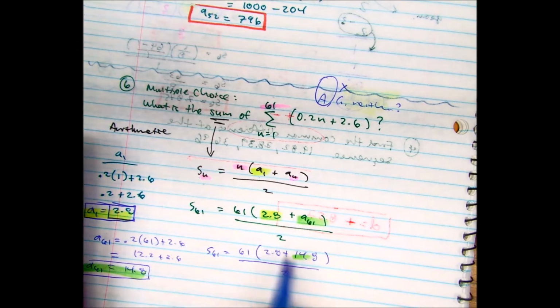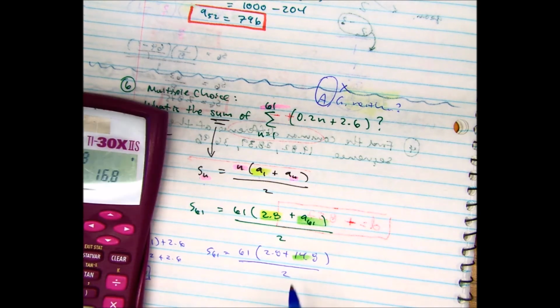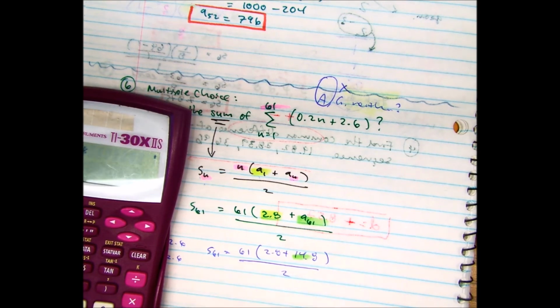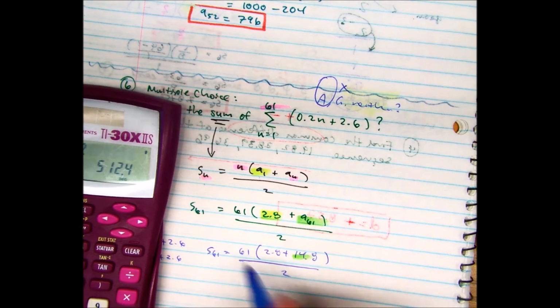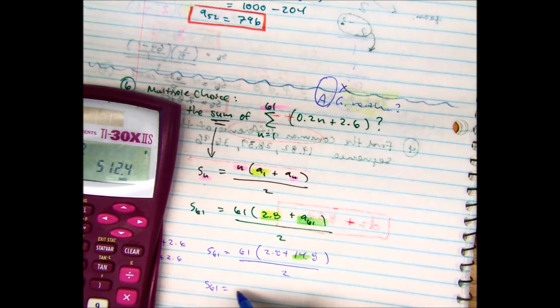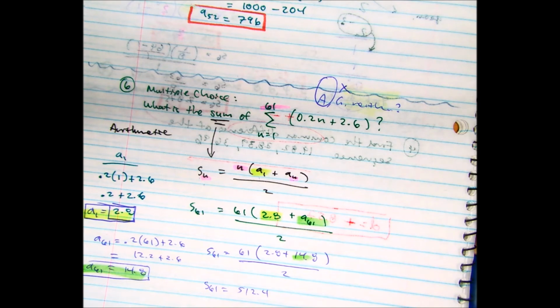I'm going to add these two numbers first, 2.8 plus 14.8, 16.8, and I'm going to multiply that by 61, and then divide my answer by 2. And the sum of the 61 numbers on the list is 512.4, which I assume is a letter choice.